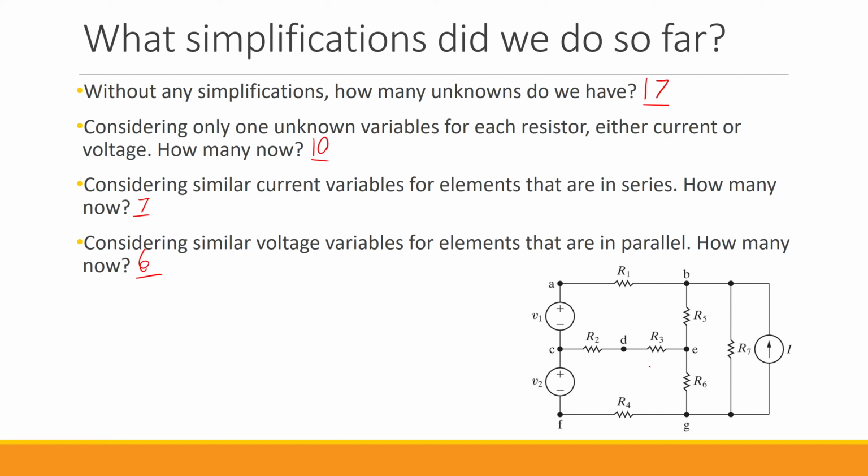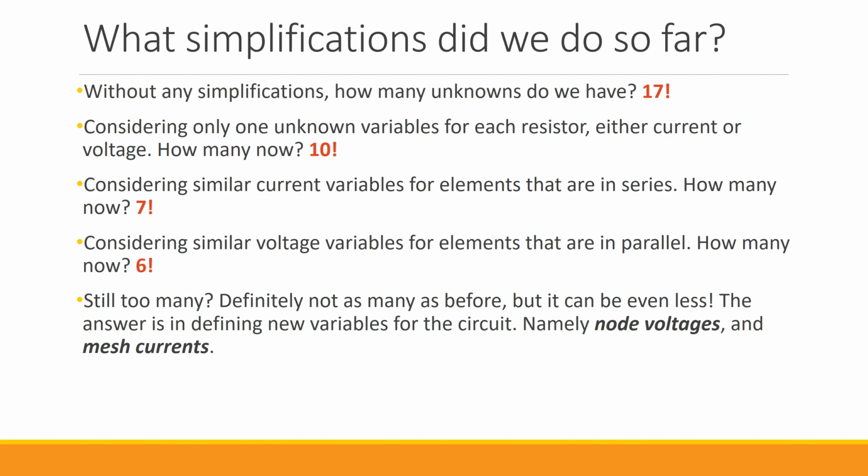So what if I tell you that even 6 equations to solve this circuit is too much? What if I tell you that you can do it using only 3 equations? To get to that point, we need to define different variables for our circuit.